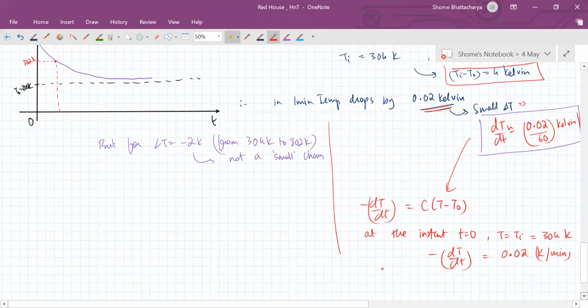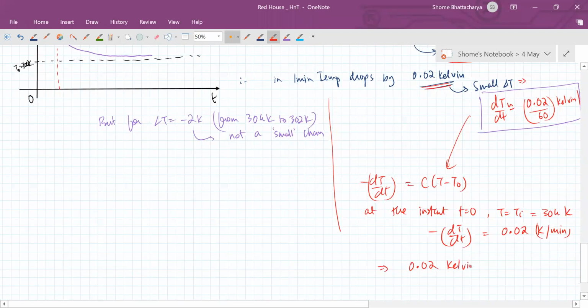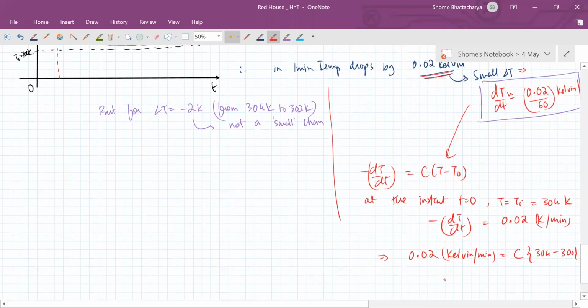So we can see that 0.02 Kelvin per minute is equal to this constant into 304 minus 300. So that means this constant of proportionality is 0.005 minute inverse. That is the value of this constant. So this is one useful piece of information that we're getting.